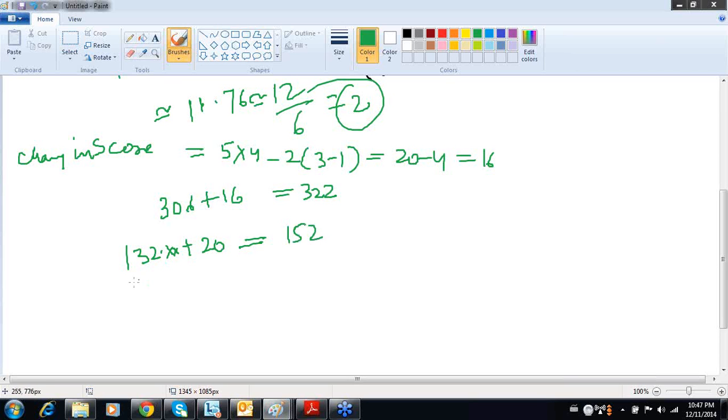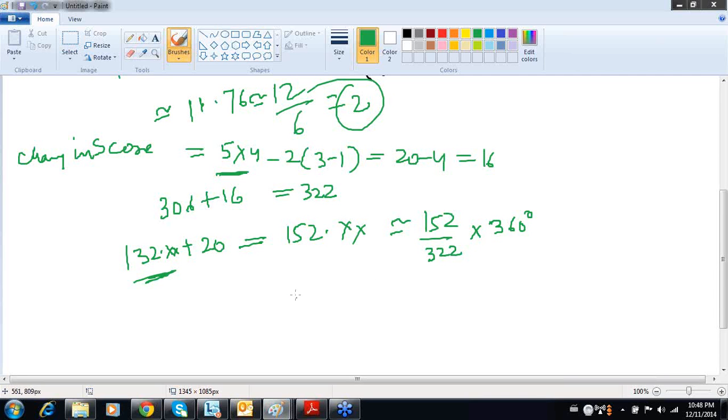We have calculated this value 132.xx, and now 20 has been scored in 4s extra, so 152 by 322. Okay. So central angle will be this into 360 degree.